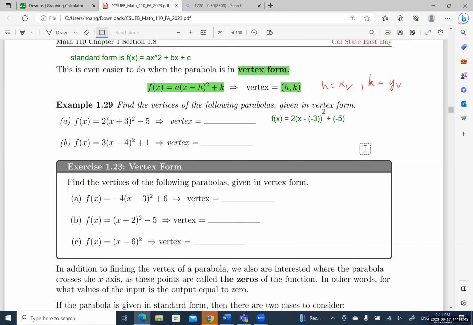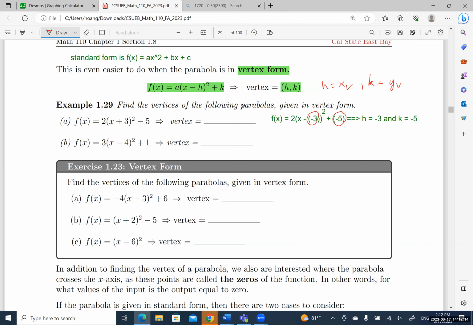Okay, so according to the vertex form, now I can know that h is -3 and k is equal to -5. All right, and you see that this is h and this is k.